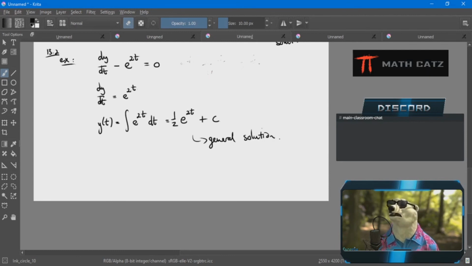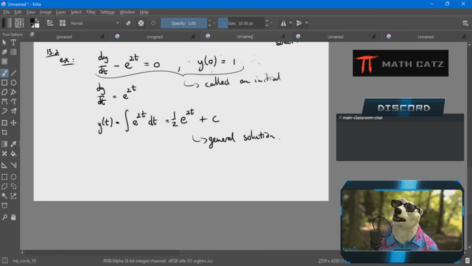If I'm given some extra information, like, that doesn't really matter, my function, let's say, at 0 is 1. These two together are now called an initial value problem. So in case you see somewhere they ask you, solve this initial value problem, it simply means it's a differential equation and some extra information provided.